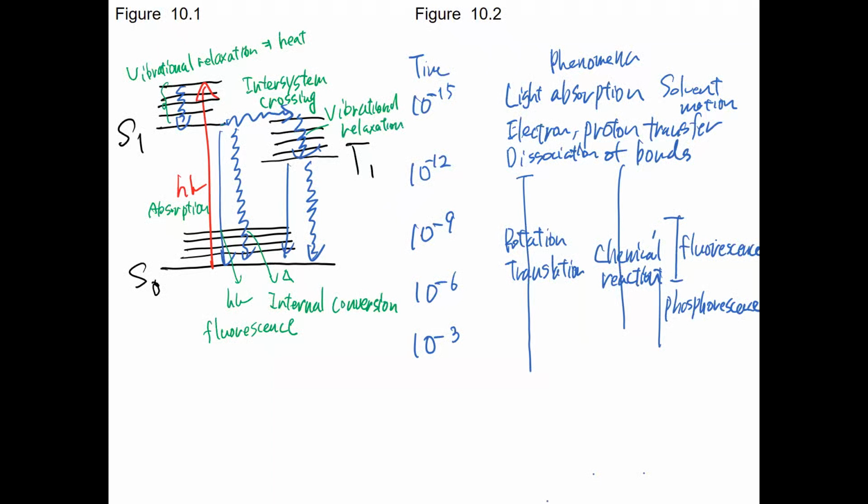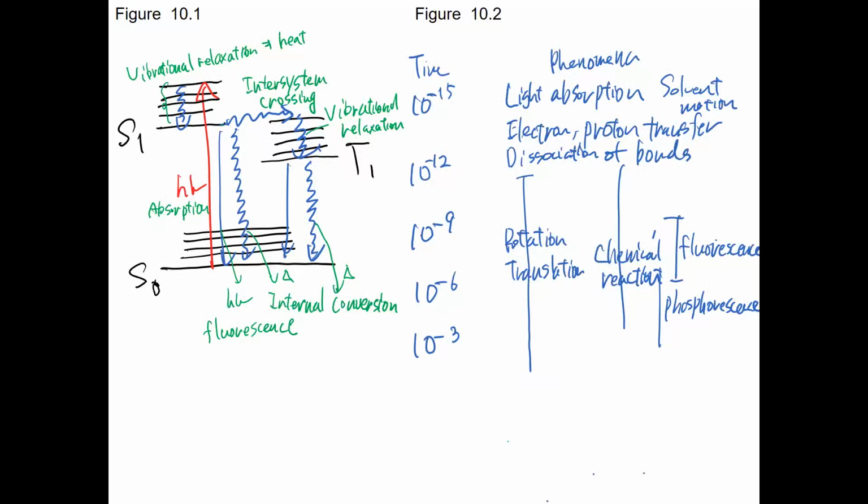Similarly, after reaching the vibrational ground state of T1, there are two processes: one is light emitting, and the other is thermal release. The thermal release is the same, so it is called internal conversion.